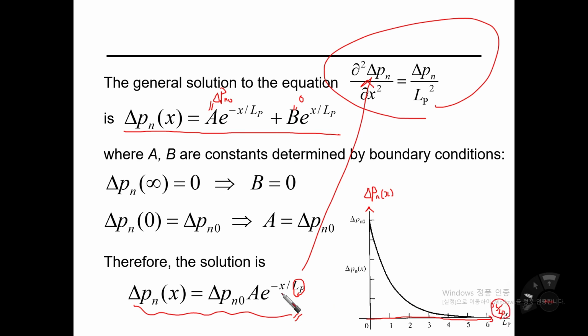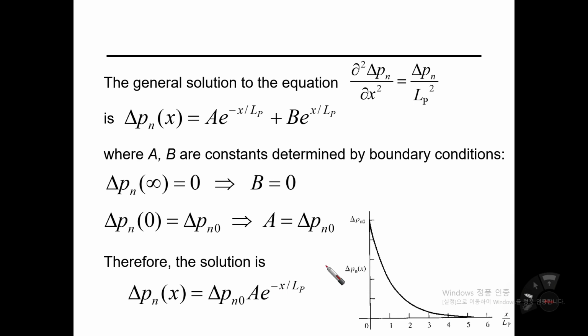Okay, so here x over Lp is matched to the x-axis, and delta P sub n of x is matched to the y-axis. Okay, all right, then let's draw it. When this value is 1, that means delta Pn naught, I guess this A is a typo, just remove it. Delta Pn naught times exponential minus 1.